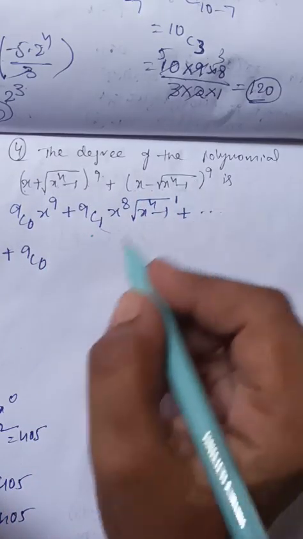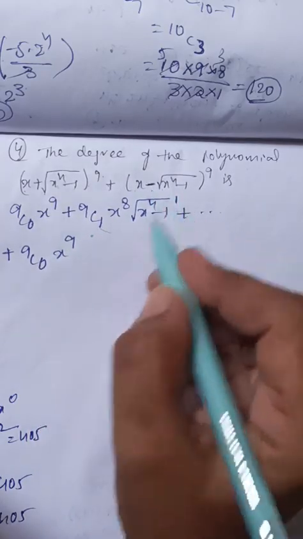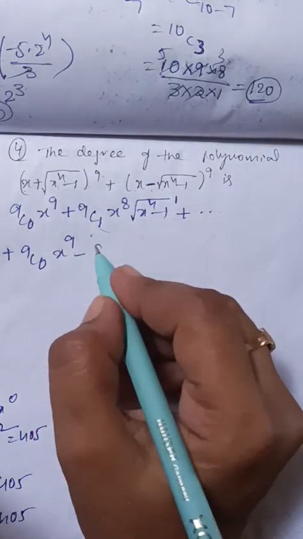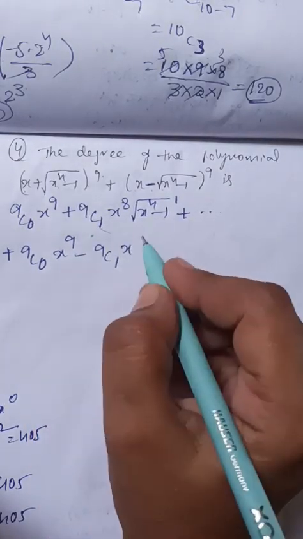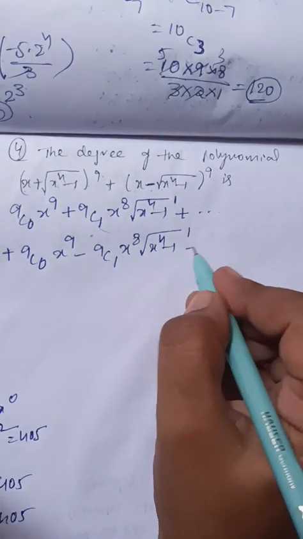And in this expansion 9c0 x power 9, this is minus, so take alternate plus minus, so minus 9c1 x power 8 into (x power 4 minus 1 under root) whole power 1 plus so on.